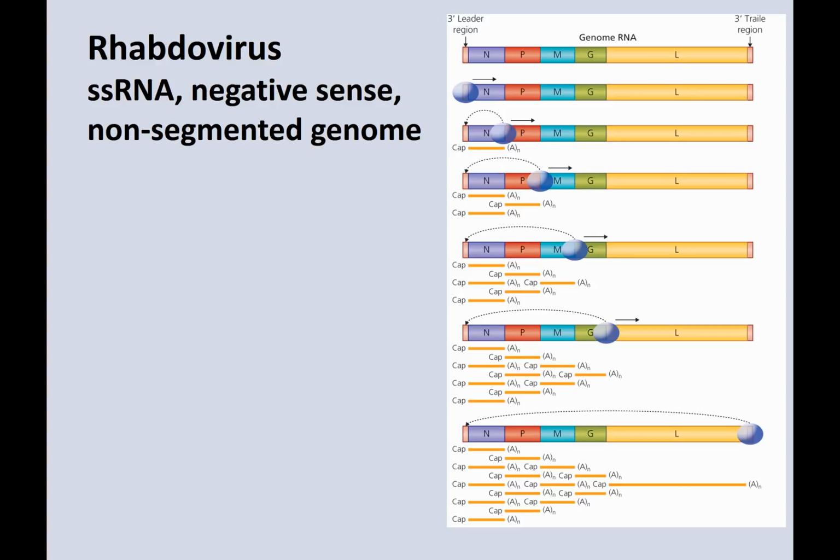Rhabdovirus has a single genome, but unlike poliovirus, it doesn't translate one long polyprotein. Instead, it does something called sequential transcription, which means you're going to make multiple mRNAs, which will then be translated.